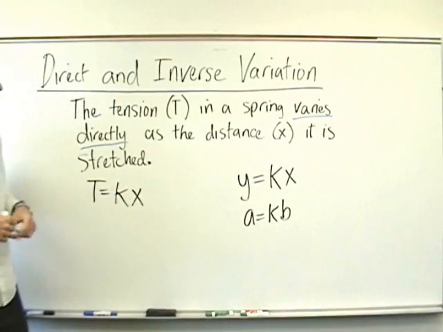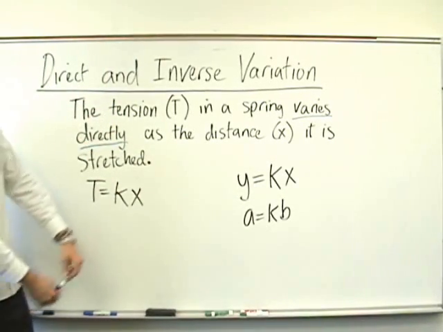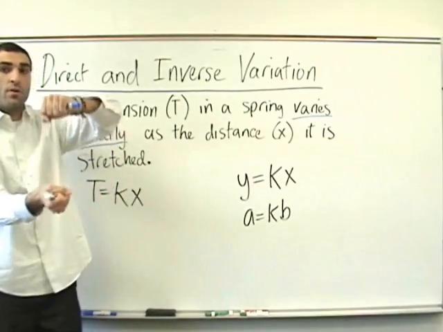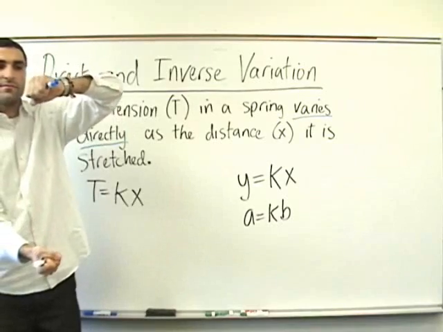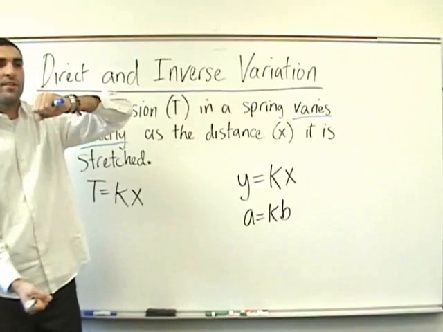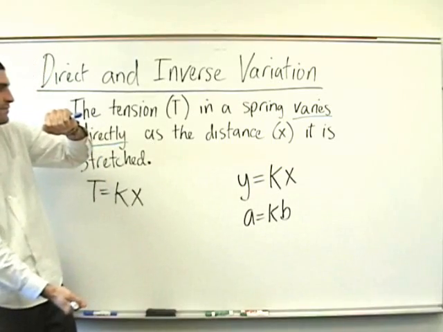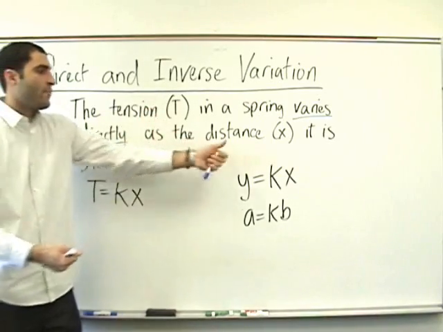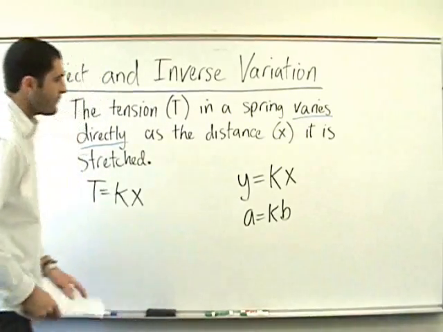So let's think about a spring. Would you agree that the tension in the spring is more when you stretch it more? When you stretch a spring, the tension's more when you pull it. So that's what it means, varies directly. The more you stretch it, the more tension. The more distance, the more tension. Okay? So here's the problem.